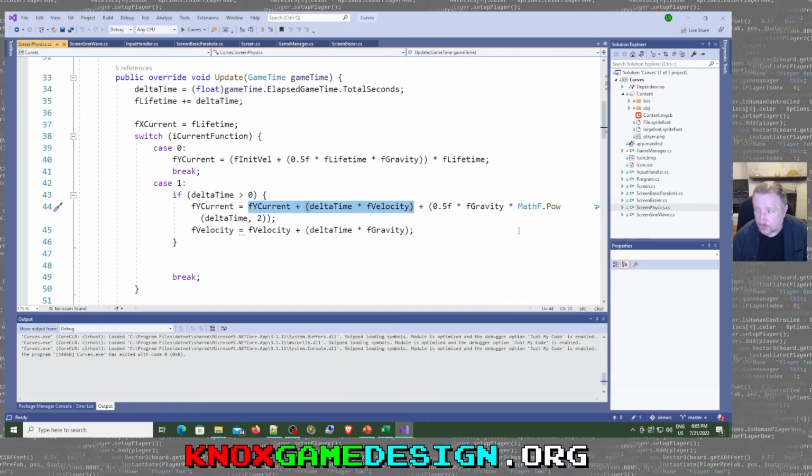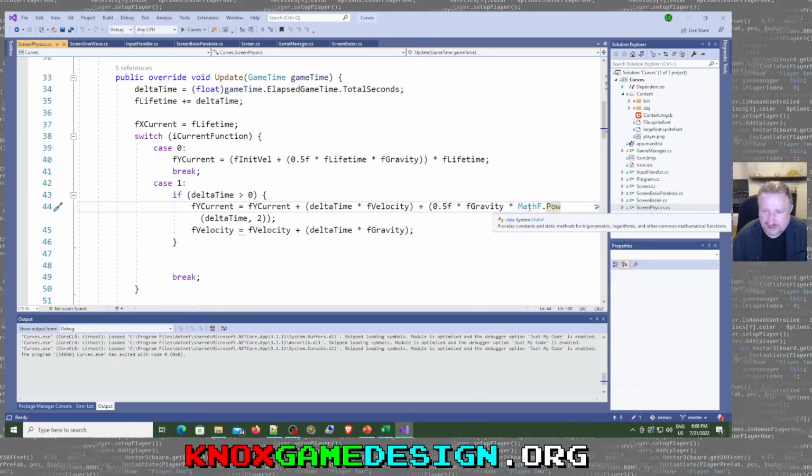But if you have a game where you want to make sure your character can only jump 4 units high, then you need to add this additional component right there. But be aware you are doing a power, which I'm doing with the Math f.power function. You could just do delta time times delta time, which again is based on game time dot elapsed time dot total seconds.